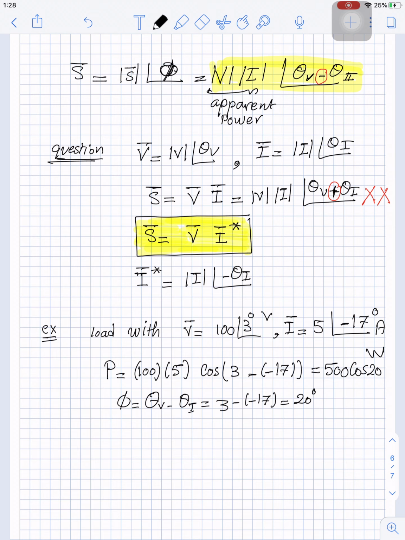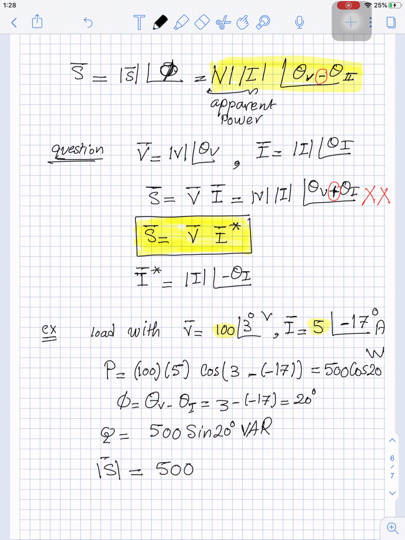And its unit is what? To calculate Q, it will be the same exact form, but we will use sine 20 instead of cos 20, and its unit will be var. To get S, the apparent power, it will be magnitude V multiplied by magnitude I, 500.